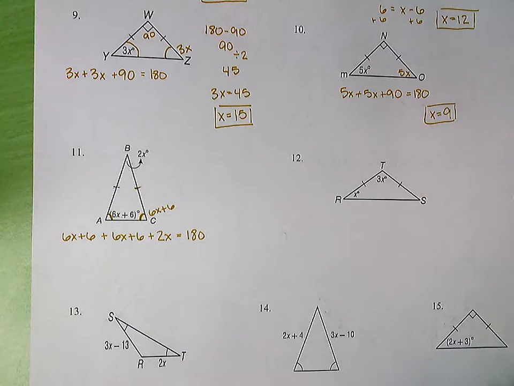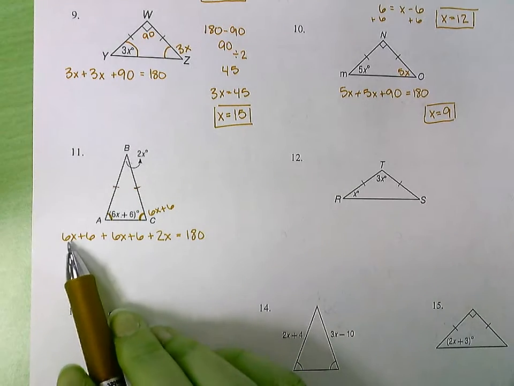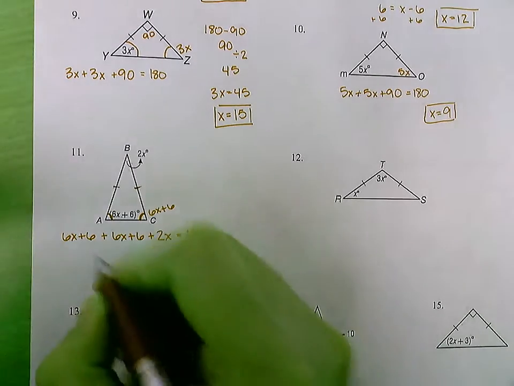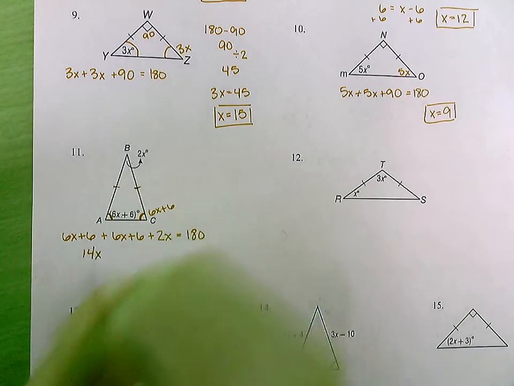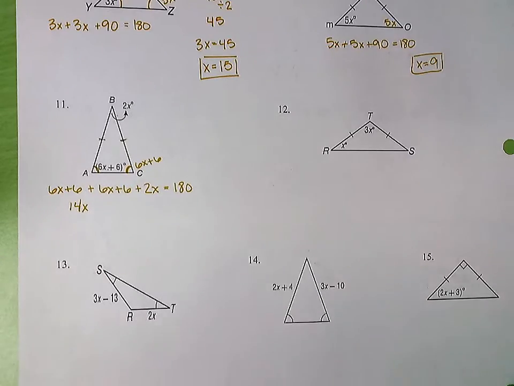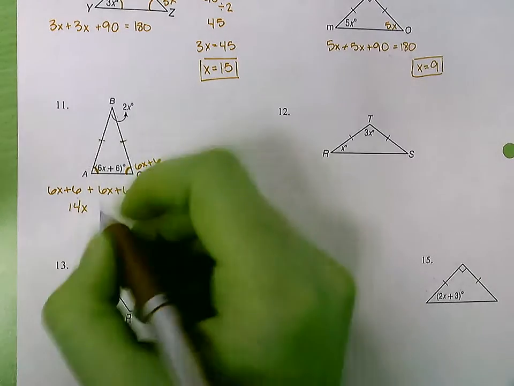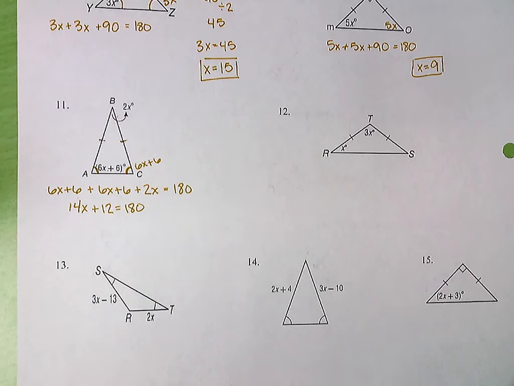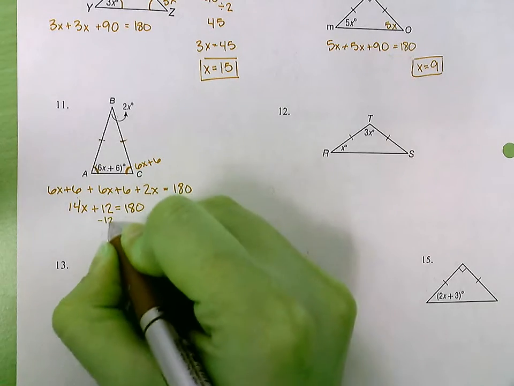Now I can combine like terms. I have a 6x, a 6x, and a 2x. That's 14x. I have a 6 and a 6, that's 12. And that'll be equal to 180. Subtract 12 from both sides.